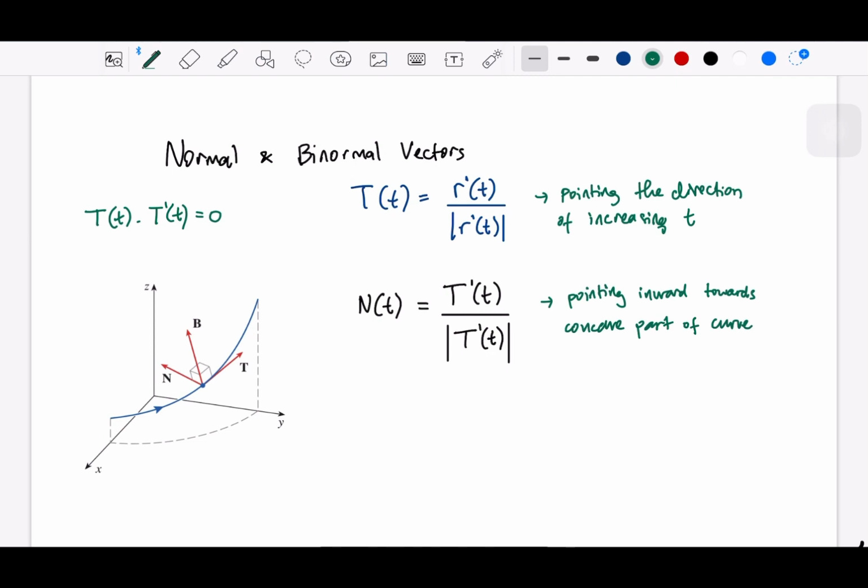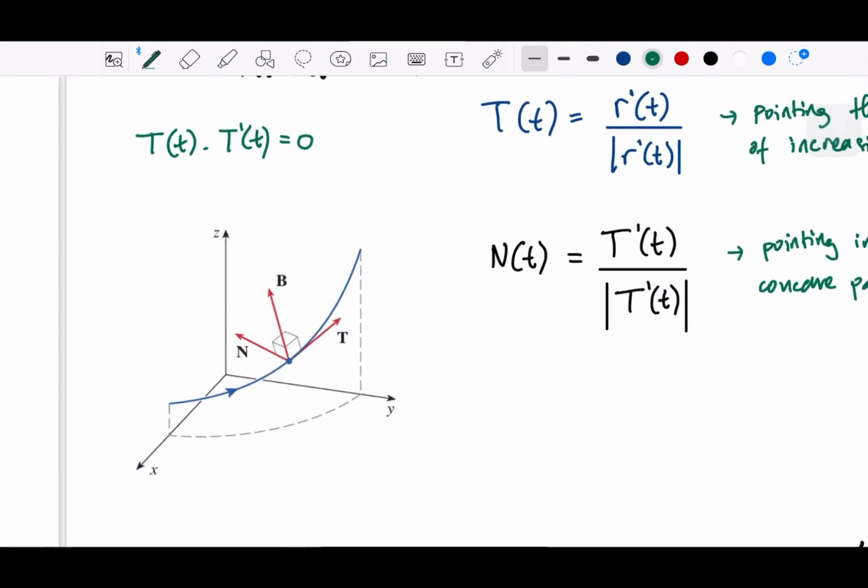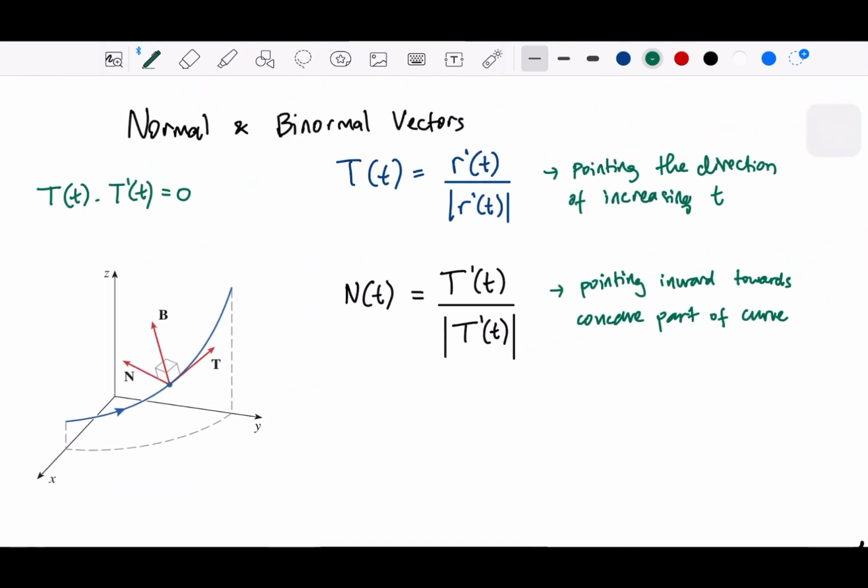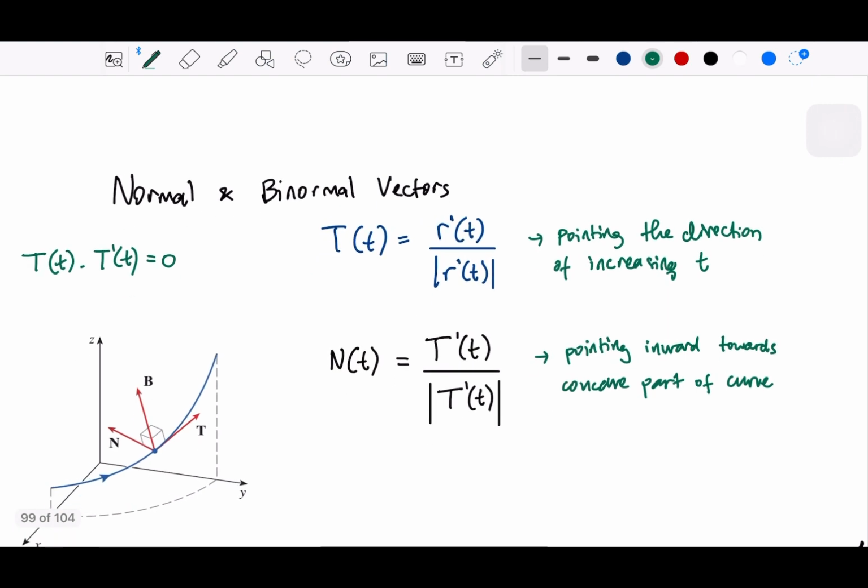So for example, let me just draw a graph again here. If this is the curve, the unit tangent vector follows the same direction.